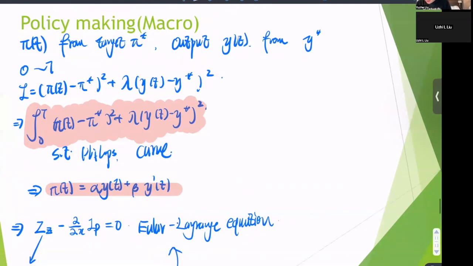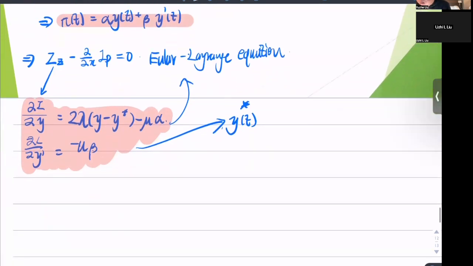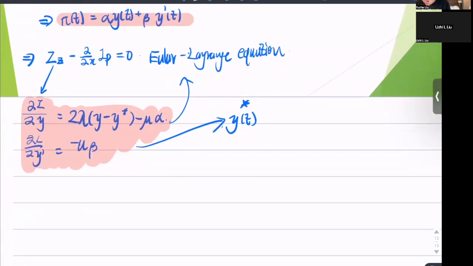So now we will have a function of y, and we will also get an optimal pi of t, which makes the deviation as minimized as possible. When we have these two functions, it's dependent on several variables, for example, alpha and beta.